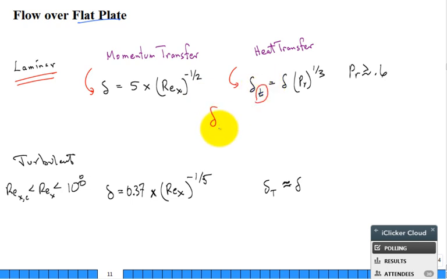Isn't delta the thickness of the boundary layer? Without a symbol, it's for the momentum or velocity boundary layer. If you put a little t down here, the t stands for thermal. And it's the velocity boundary layer thickness times a Prandtl to the 1/3. Pretty simple result.